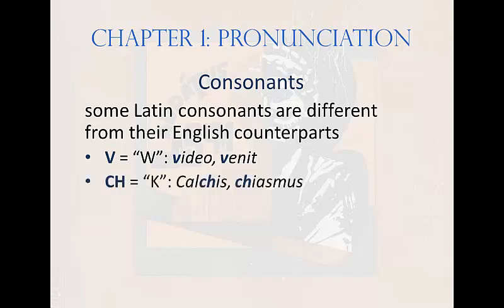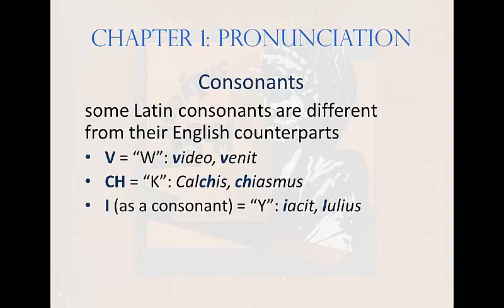CH is pronounced as K, as in calcus or chiasmus. It's never pronounced as ch. And finally, I, which serves as both a consonant and a vowel in Latin. When it's a vowel, it's what you would expect from English. It's simply an I sound. But when it's a consonant, it sounds like our consonant Y, as in Jacket or Julius.